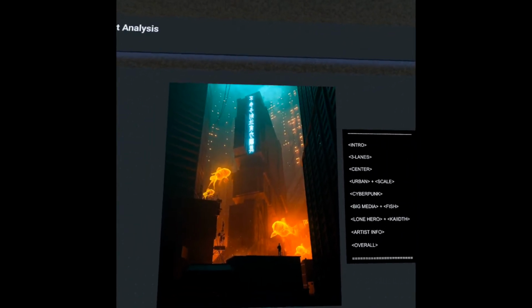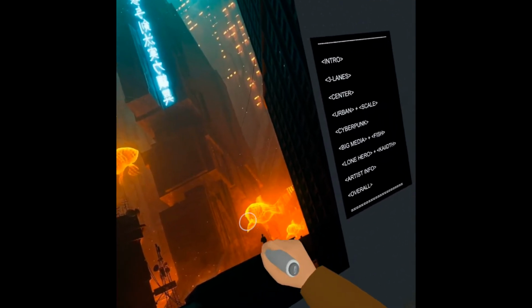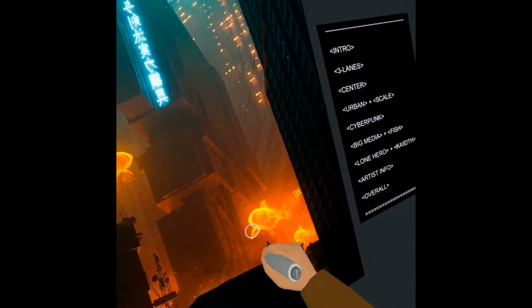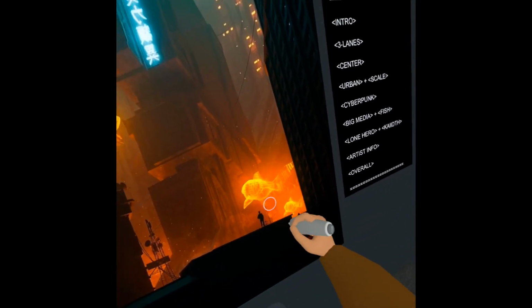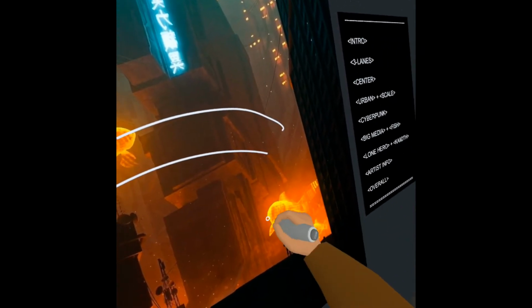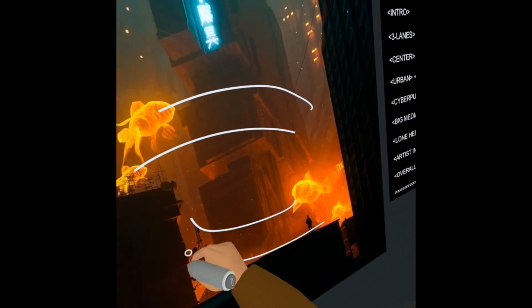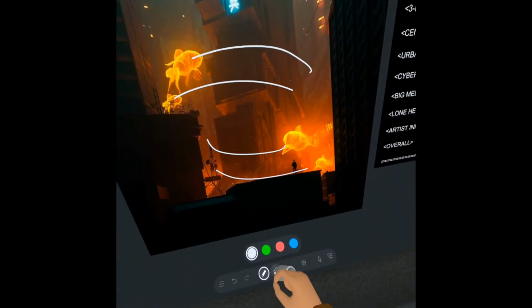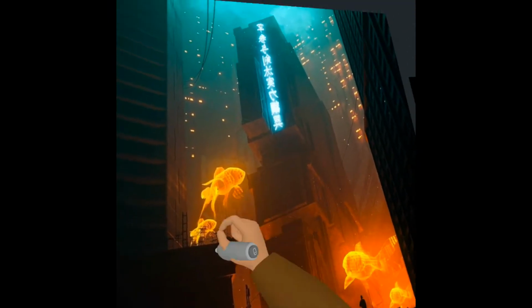So in terms of what you'll notice here is you see that there's these glowing fish holograms, right? And they look like they're in a path of hovering around. You see what appears to be, they're just circling around this main building here.